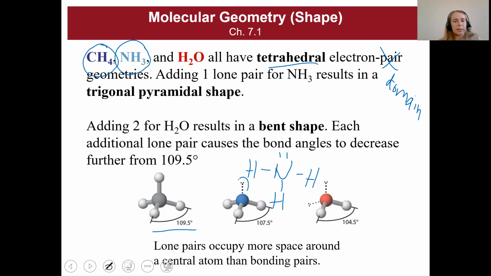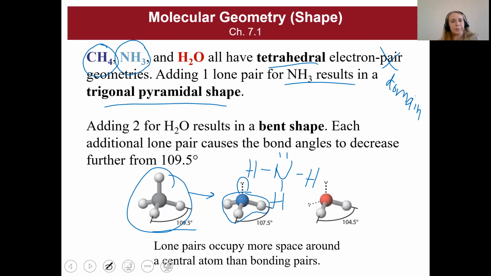So you can see it here hanging out where we start with a tetrahedral geometry like this. And we then ignore the lone pair and we see this trigonal pyramidal. So not trigonal bipyramidal, but trigonal pyramidal. We got a tiny little pyramid here. That is the shape for ammonia.